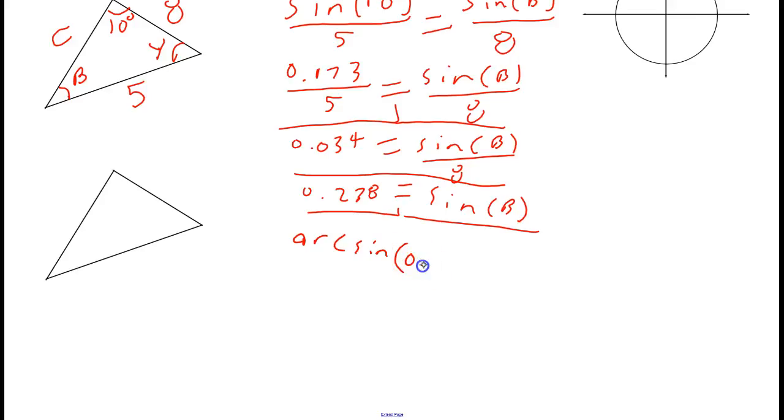And again, on your calculator, you can type in that longer chain to be more precise, but I don't feel like writing all that out. If we type it into our calculator, we end up with roughly 16.13 degrees. So we can say that beta equals 16.13 degrees.